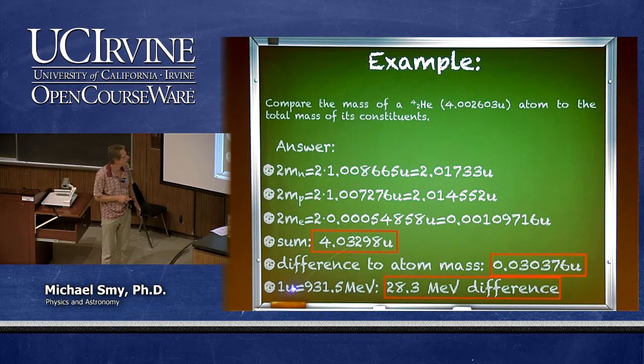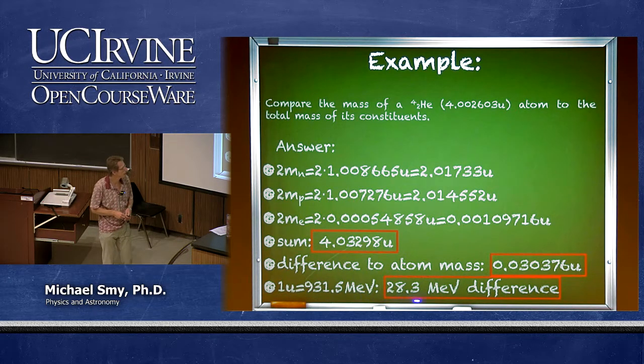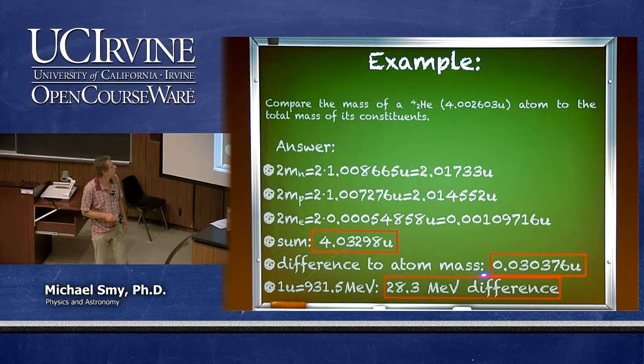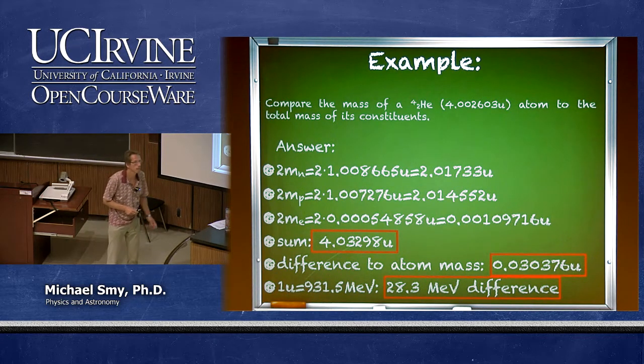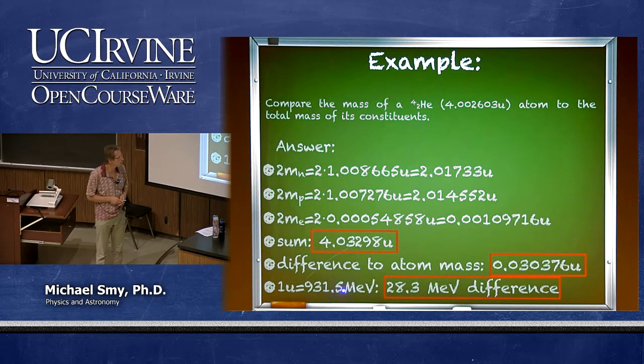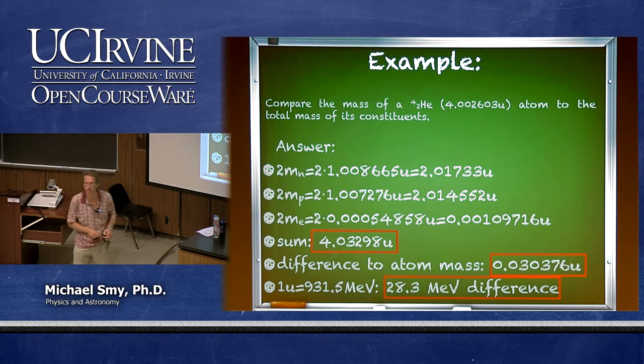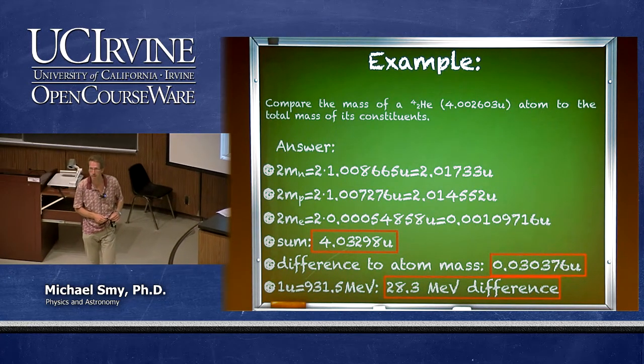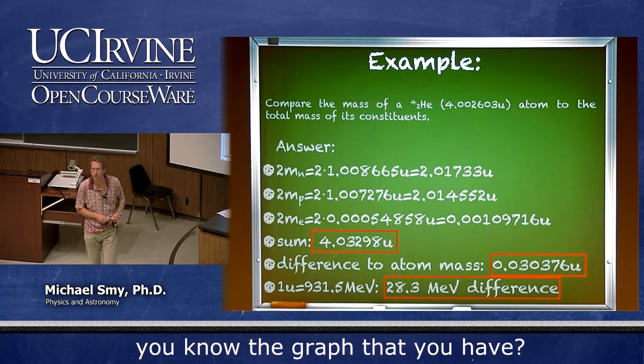So 1 unit is 931.5 MeV. And therefore, we get a difference of 28.3 MeV between the mass of the atom and the sum of the masses of the constituents. Since we have 4 nucleons, in this case, we would have about 7 MeV per nucleon of binding energy.